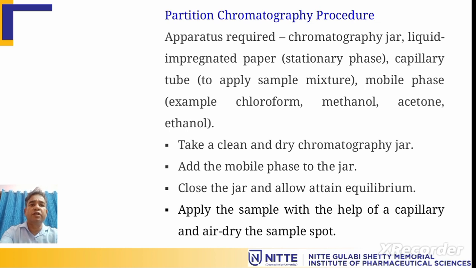How do we carry out partition chromatography? What apparatus is required here? You need a chromatography jar, liquid-impregnated paper acting as the stationary phase in which water is present, and a capillary tube to apply the sample mixture. Mobile phase: you have to design the mobile phase depending upon the nature of your compound to be separated.